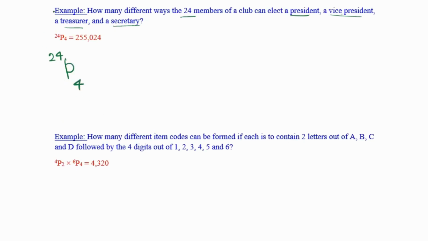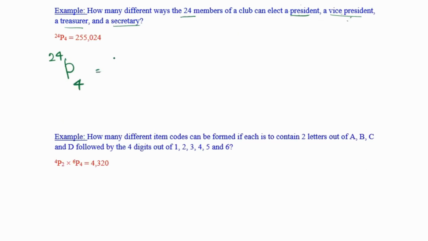Why do I have to permute? Because we can change within the roles as well. One person can be the president, and that same person can go to vice president, and the vice president could be the president, because they have to be distinct from one another, obviously. So we have different ways that we can permute in between.